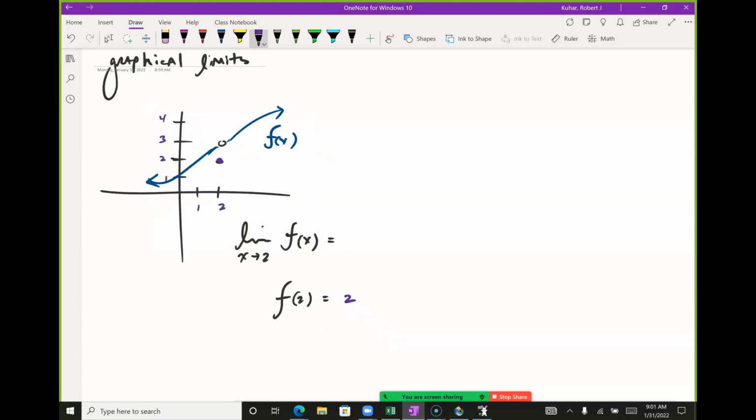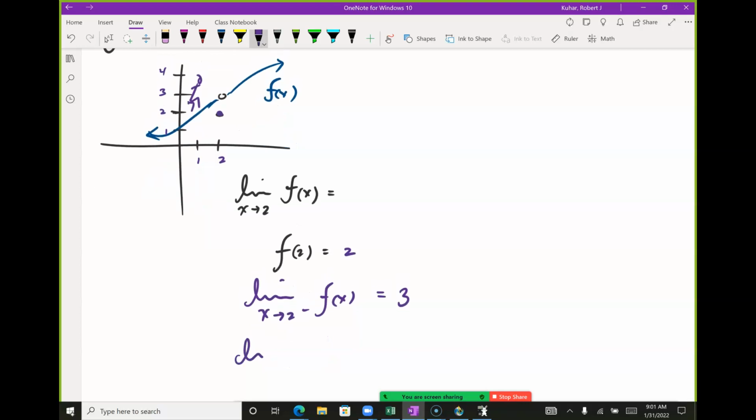And then they'll ask you, what's the limit as x goes to 2 from the left? As I'm walking from the left toward that hole in the road, what height am I walking toward? What height am I climbing up to? It's obvious, 3.